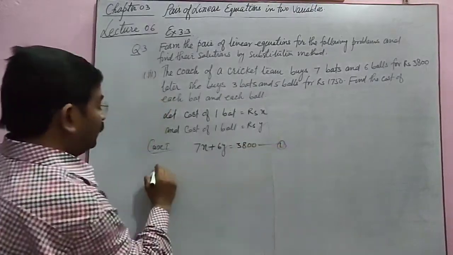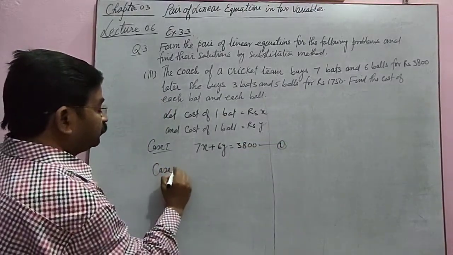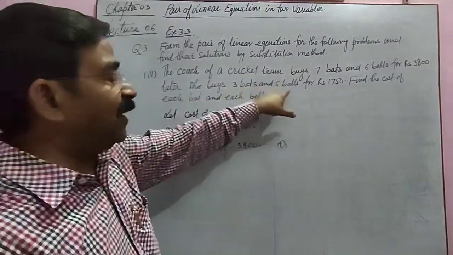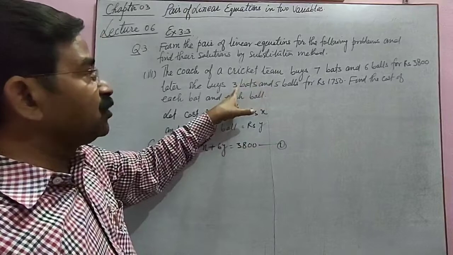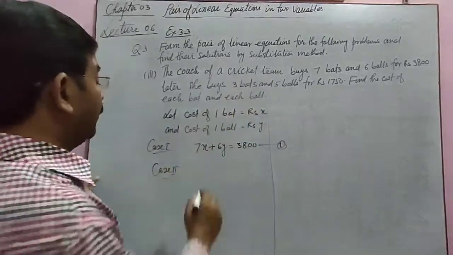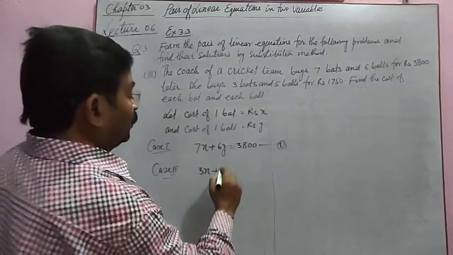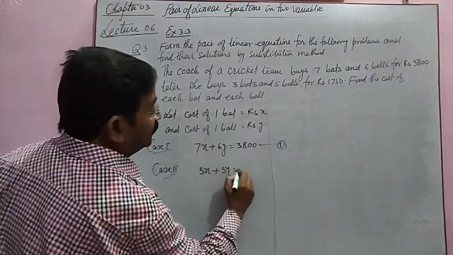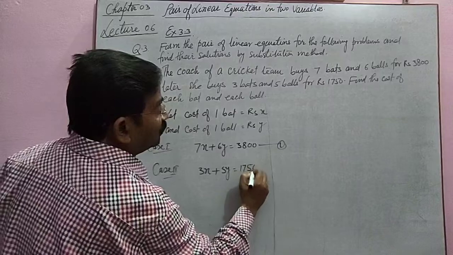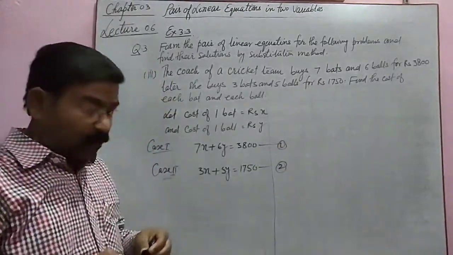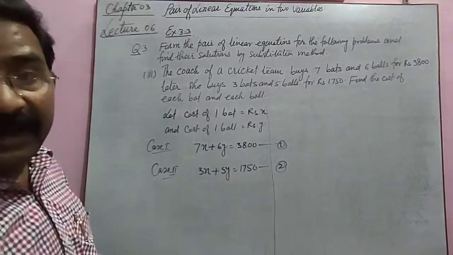Equation number 1. In second case, she buys 3 bats and 5 balls. 1 bat costs x rupees, so 3 bats 3x plus 5 balls 5y is equal to 1,750. Equation number 2.